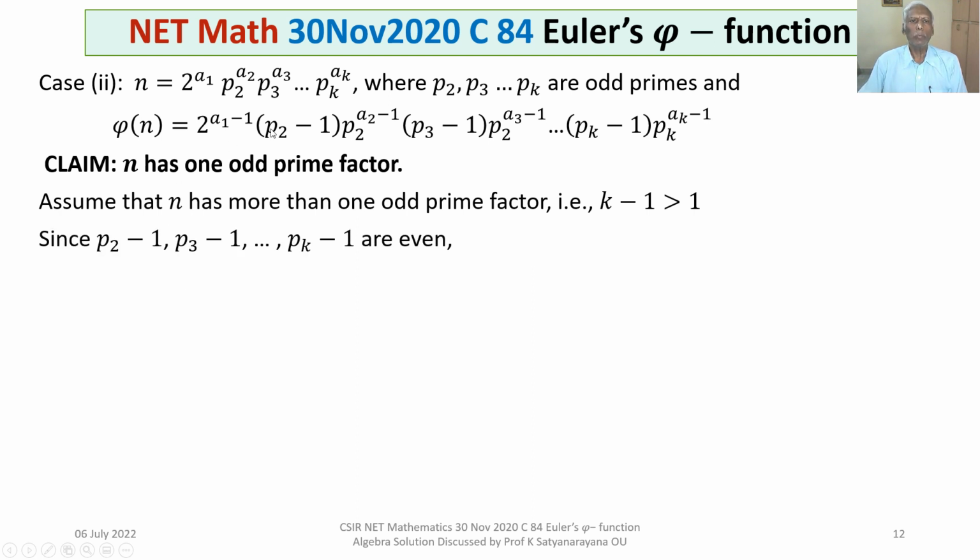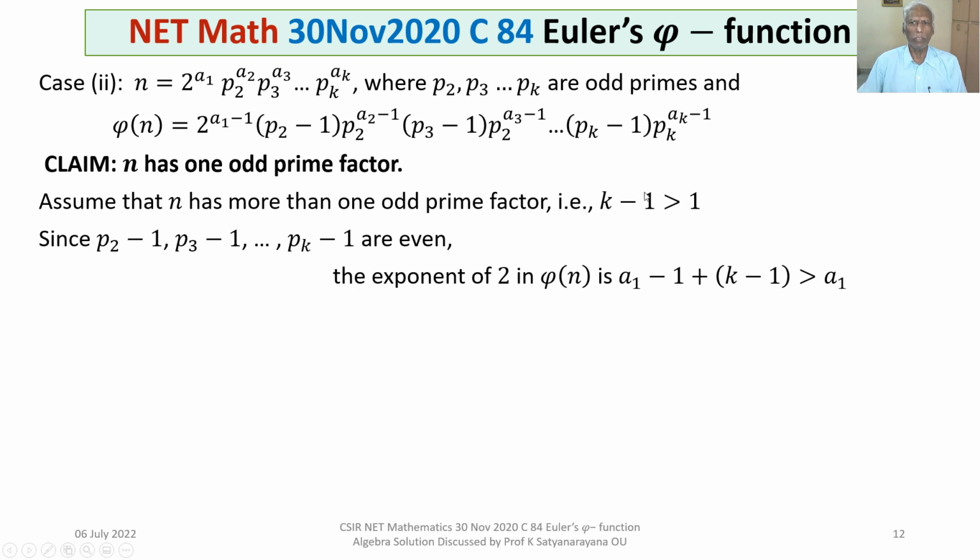Since P2 minus 1, P3 minus 1, ..., Pk minus 1 are all even, what will be the power of 2 in phi of n? The exponent of 2 in phi of n will be not only a1 minus 1; a contribution of 2 will come from each of these.